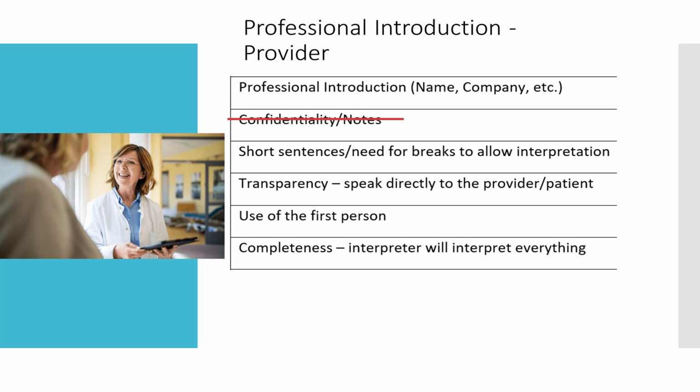So 3 of these guidelines only. One of them has to be your name and the company. So one of them has to be you identifying yourself. And then you're going to pick whatever 2 from the remaining ones you think are the most important. If you could only say 2 things aside from your name to the provider, what are the 2 things you would want to definitely say to that provider.